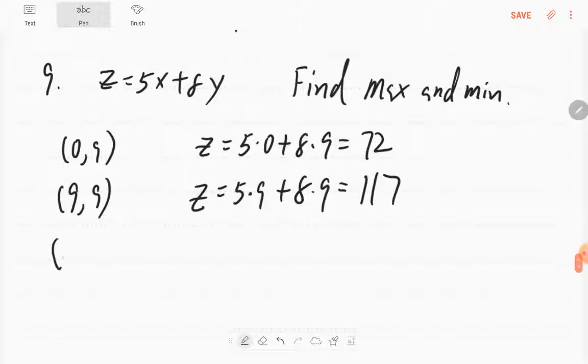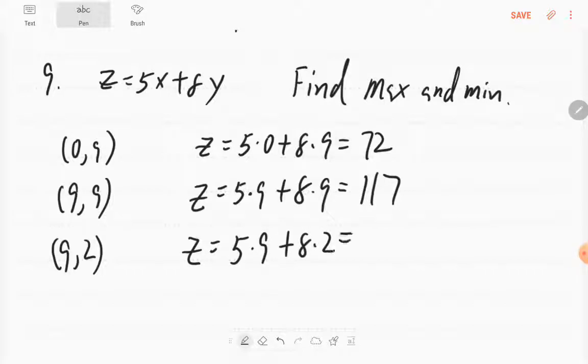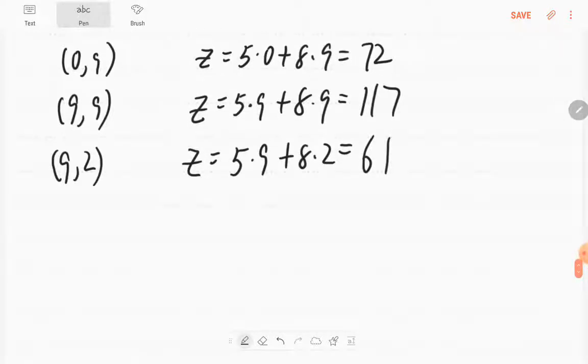And the next one is 9, 2. z equals 5 times 9 plus 8 times 2. So this would be 61. And then the next one is 0, 3. So z equals 5 times 0 plus 8 times 3.